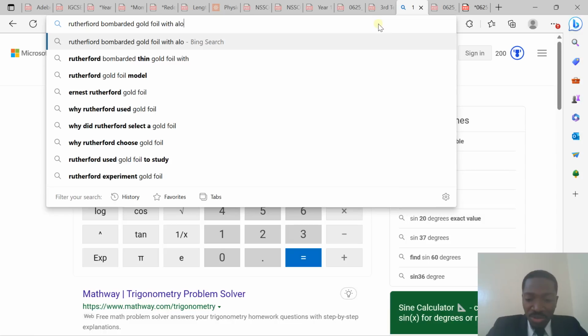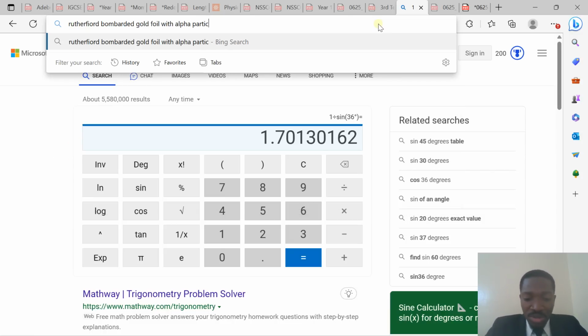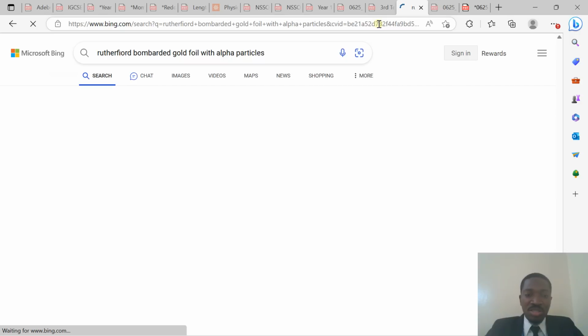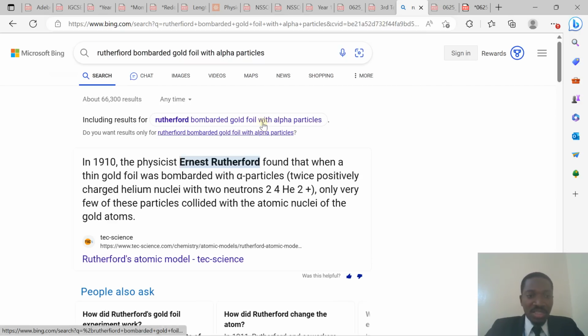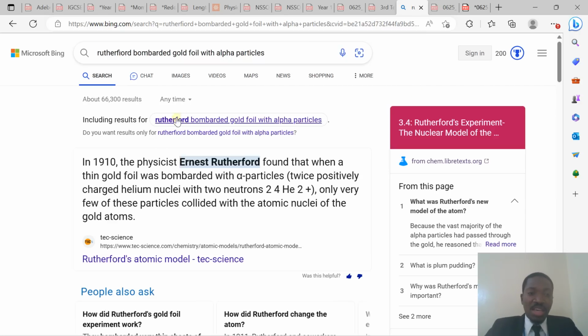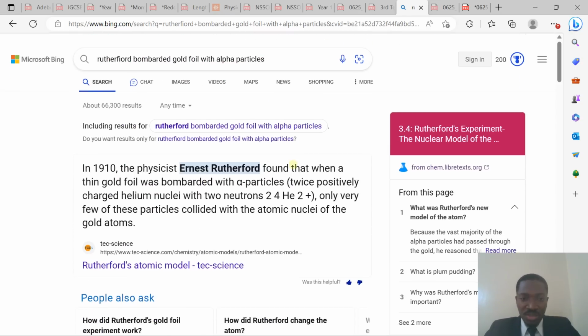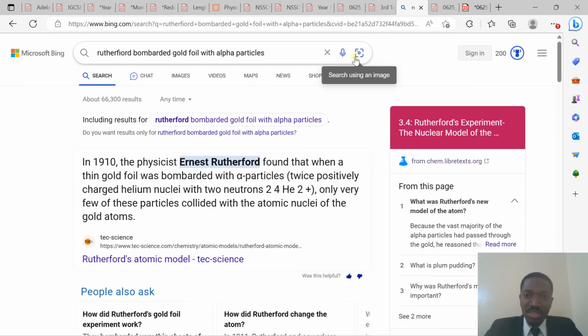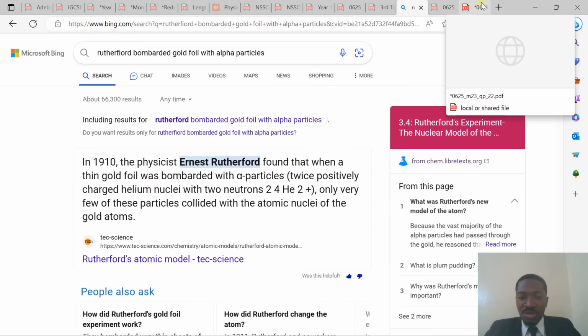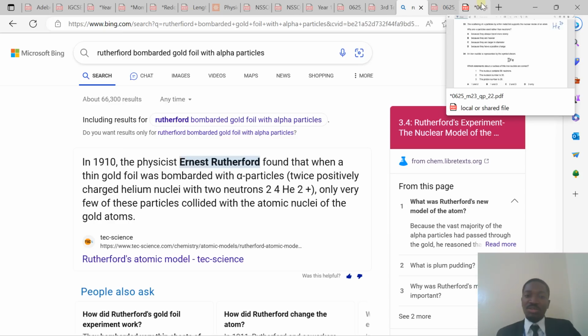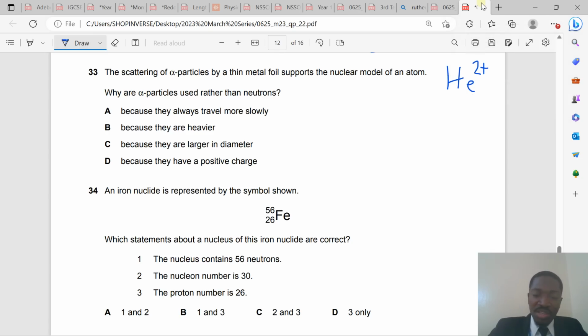If you look at that experiment, he was able to detect that the nucleus of an atom is heavy, is massive. You can watch videos on it whenever you are free. It explains in detail the experiment conducted by Ernest Rutherford when he bombarded the gold foil with helium nuclei.